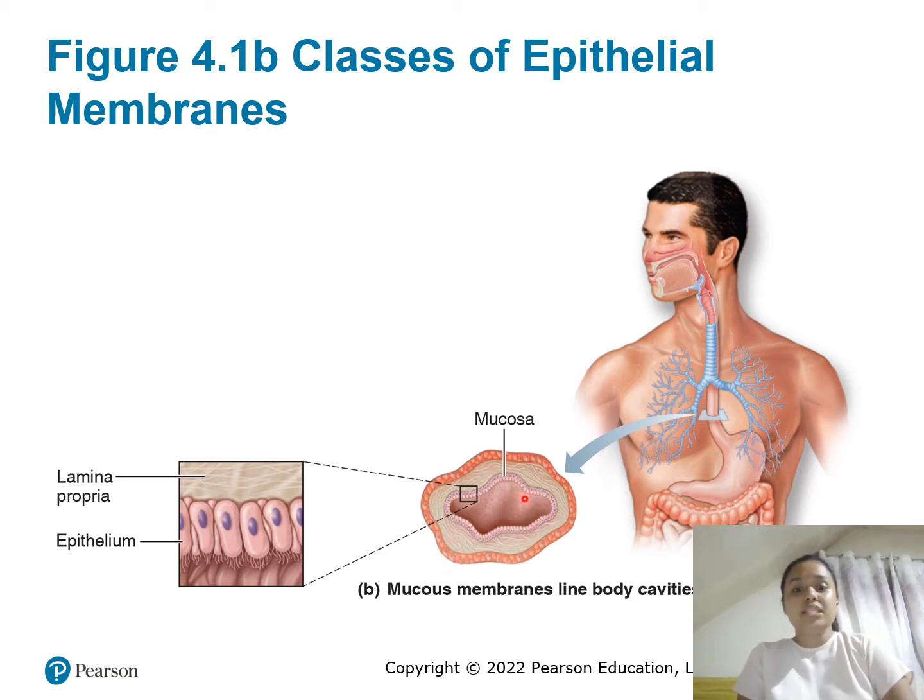This is the hollow cavity, for example in your esophagus. If you cut a section of the esophagus, this is the space where the food comes through. The epithelium lines it, and deeper to it is the lamina propria or its loose connective tissue. Generally, the mucosa is the epithelium and lamina propria combined.